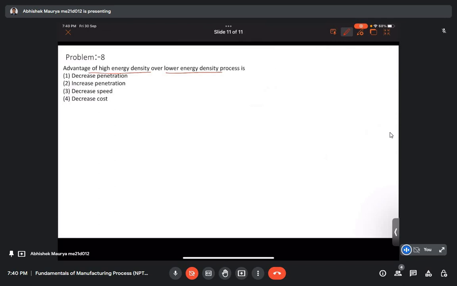So there is a term called energy density. That is the energy per unit area. Sometimes the unit is given in joules per centimeter square.